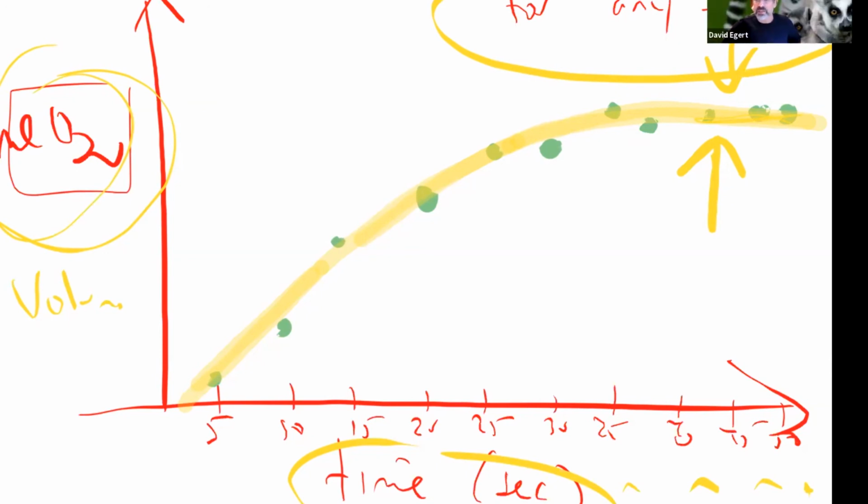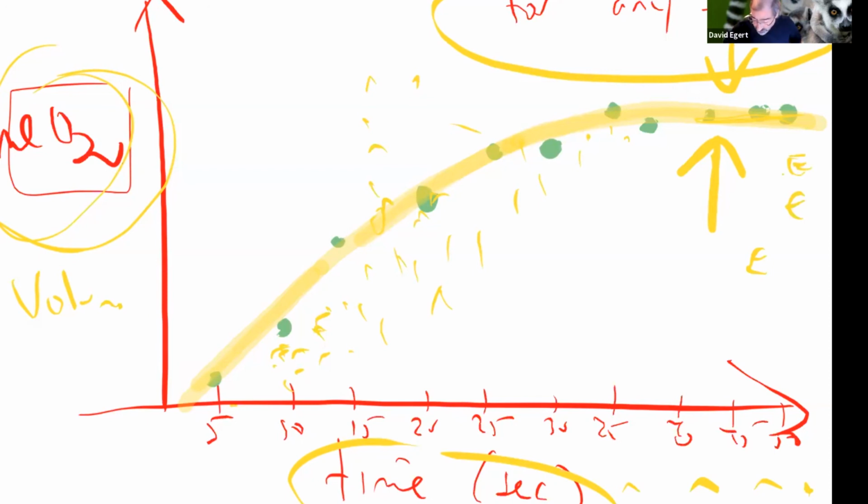Yeah, so the reaction's over. On this part here, the hydrogen peroxide is being broken apart by the enzyme. We're making bubbles. At some point, you've run out of hydrogen peroxide. It's all broken down into water and oxygen. The enzyme is sitting around, but there's no more hydrogen peroxide.